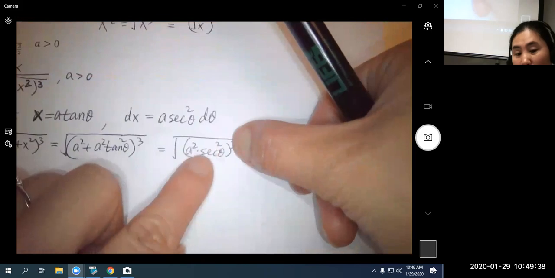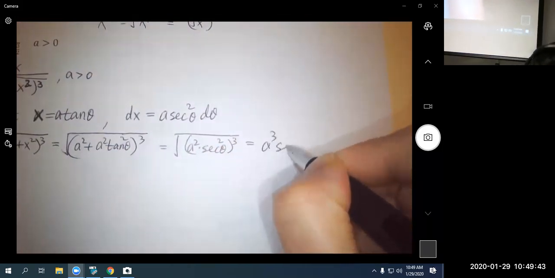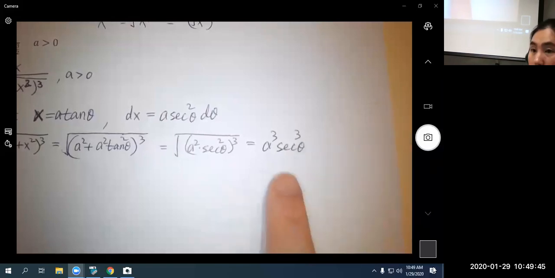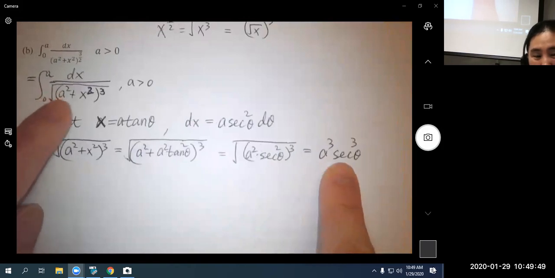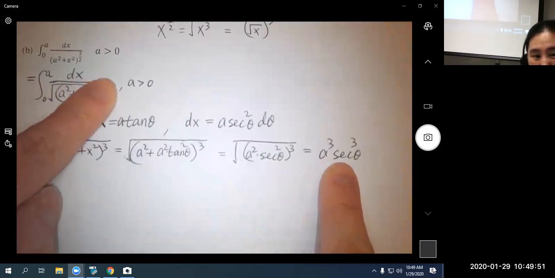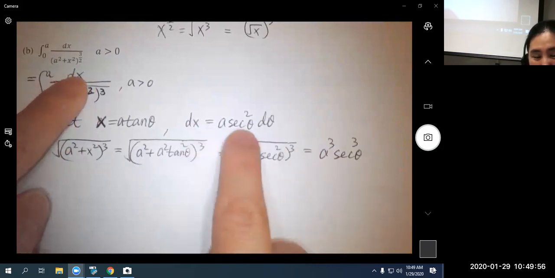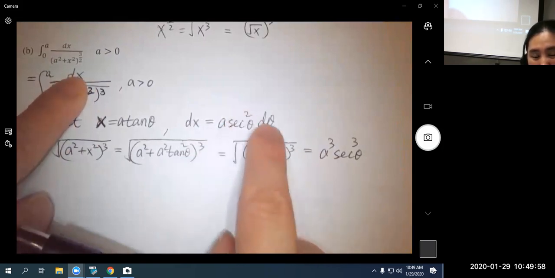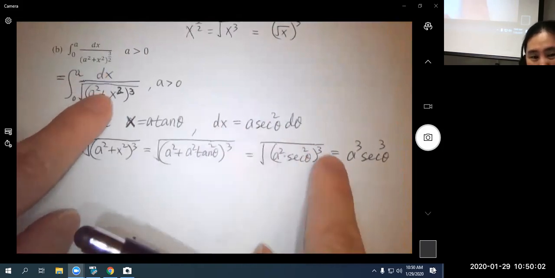That gives us a times secant theta, then to the cube. This is the bottom of the integral, okay? And then dx is a secant theta squared d theta. So we can replace those two.